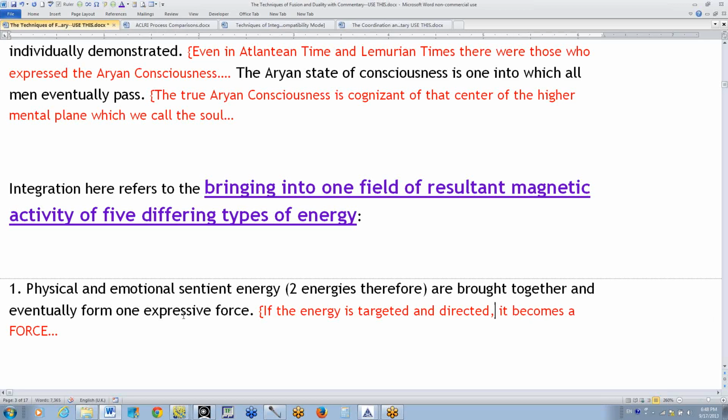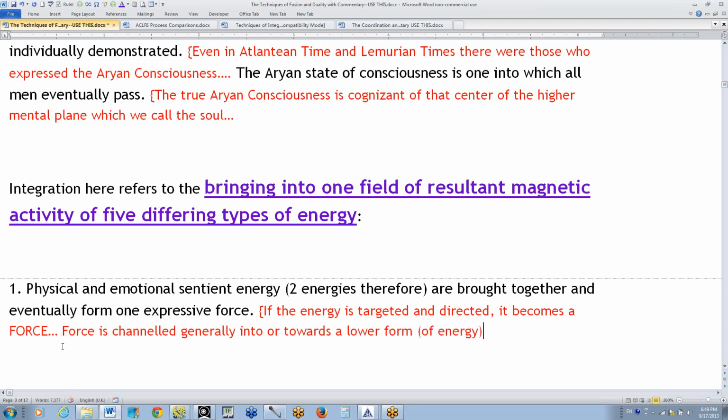So let's just say force is channeled generally into or towards a lower form of energy.